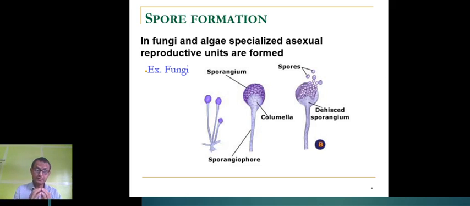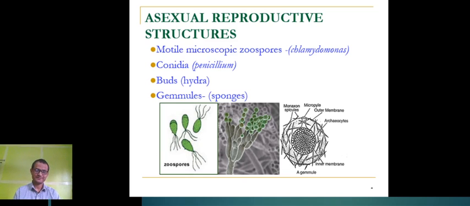The spores will be born in a sporangium, and after maturity, this sporangium will dehisce. As a result, the spores will be released, and after getting a suitable environment, a new organism will develop from these spores. That means a new fungus or new alga will be produced. So that is spore formation.